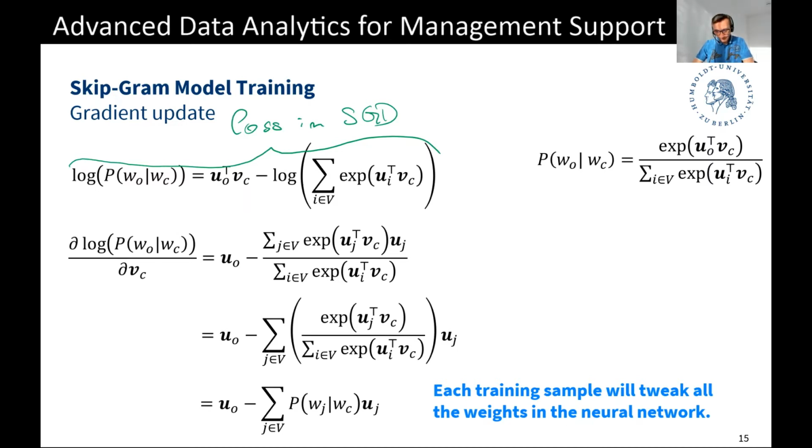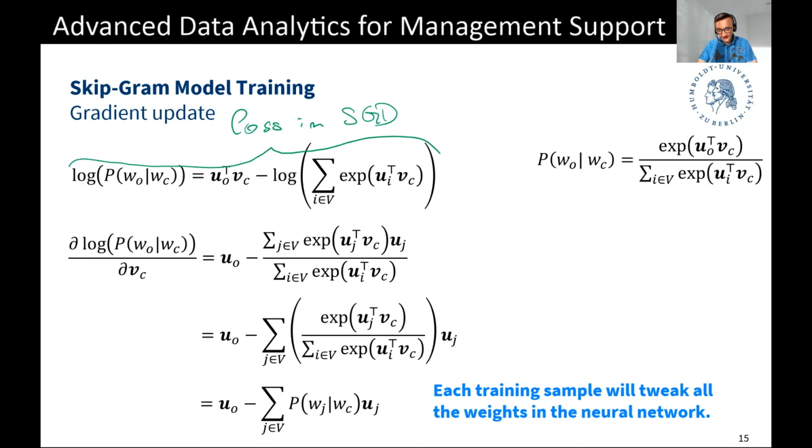The derivative of the loss with regard to v_c is then the vector u from our context word minus this ratio that you see, where in the numerator and the denominator we have a sum that runs over the entire vocabulary. The derivative of log of x is 1 over x, and this is how the denominator can be explained.